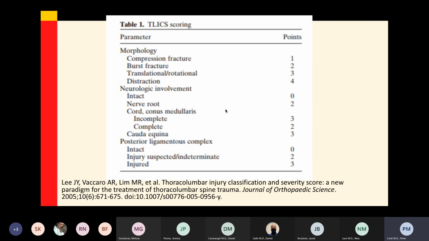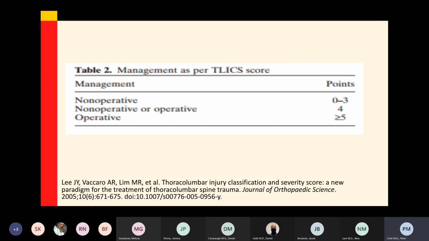And most prominently featured in this scoring system is the status of the posterior ligamentous complex. If it's intact, you have 0 points. If it's injured, you get 3 points. And if there's a suspected injury, or even just a suspicion of an injury, there are 2 points awarded to that fracture.